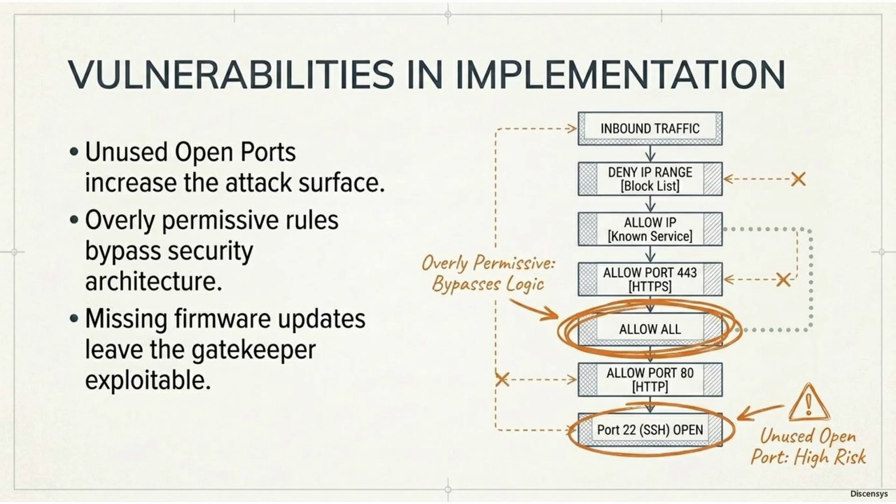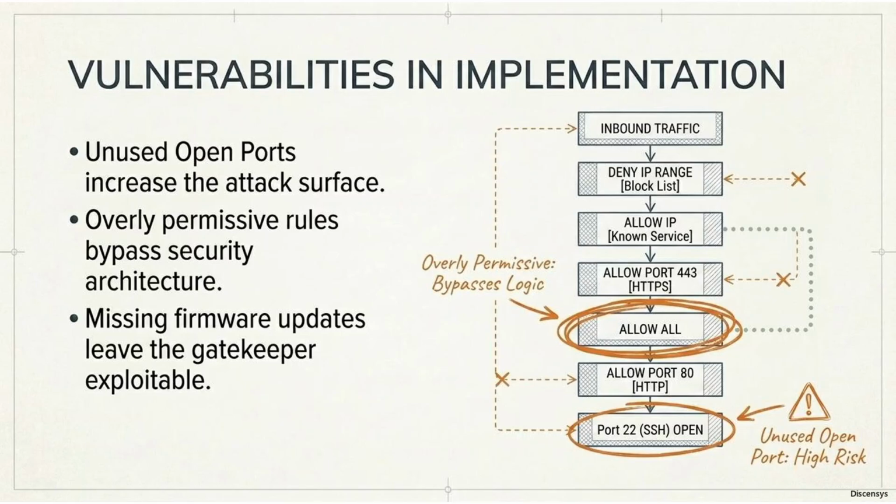Now, suppose management accidentally tells Raj, I love everyone, right? So it is asking to allow everyone. Now, even the best security guard fails, right? So these are the vulnerabilities in the implementation. Vulnerabilities in the sense, the fallbacks, right? So the unused open ports increase the attack surface, right?